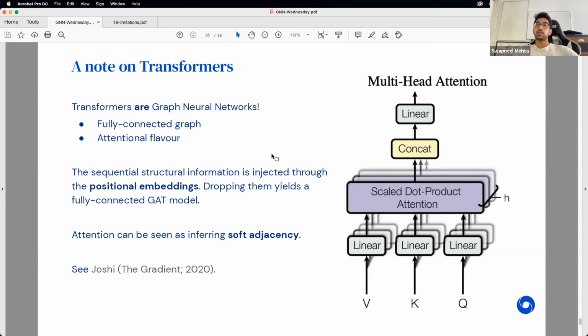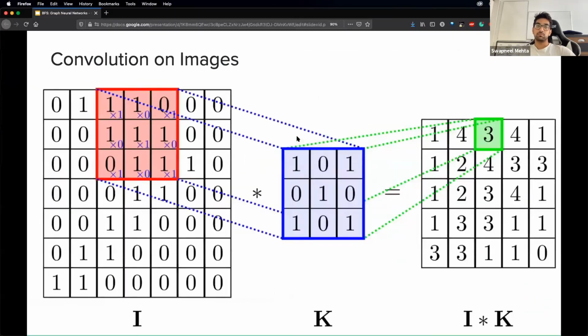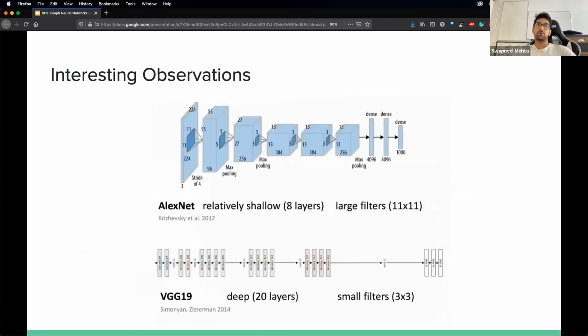So clearly there are a lot of other fields that have been implicitly using these same approaches that we see now in graph neural networks. And before I go into the limitations, I want to talk about these interesting observations on graph neural networks.